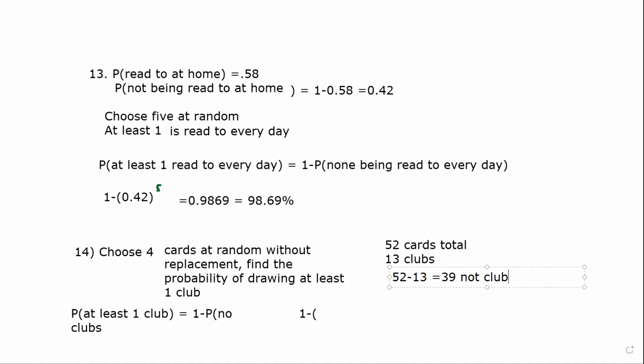That's what we're going to be drawing from, because we want 1 minus the probability that none are clubs. So the first time we draw, we're going to have 39 out of 52, right? And then we're not replacing it. So now, whatever card that was, it wasn't a club, but it also wasn't the card that we already drew.